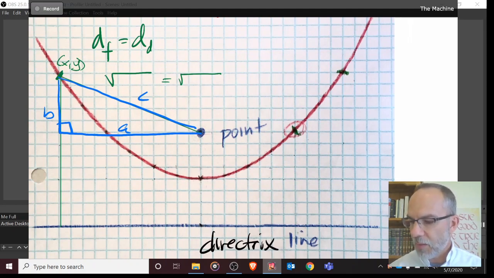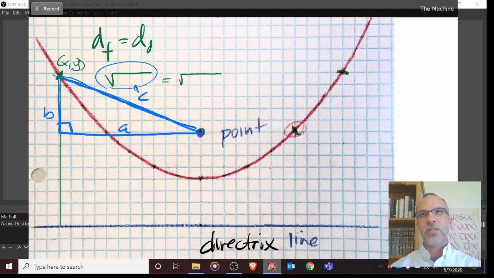But you'll notice the hypotenuse is the same as the distance to the focus. Those two are equal to each other. So by some substitutions and rearrangings, you can work it down to the Cartesian equation that we're going to get to. But it's really complicated, and I don't want to lay that complicated math on you.